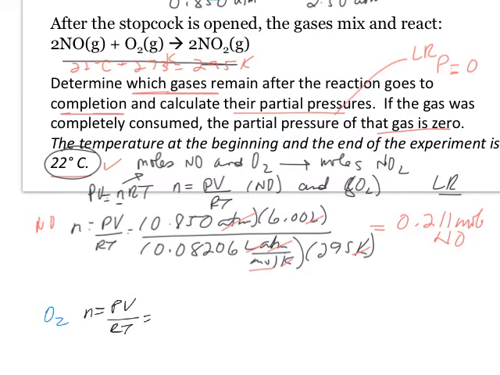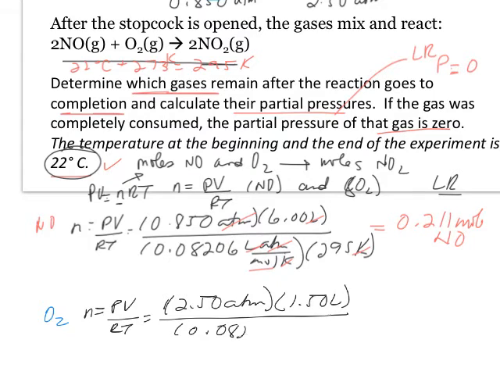For oxygen, we're looking at 2.50 atmospheres times 1.50 liters divided by 0.08206 liters times atmosphere over mole times Kelvin times 295 Kelvin.